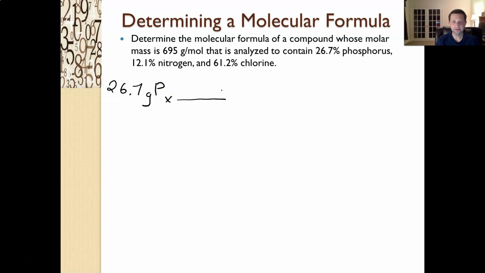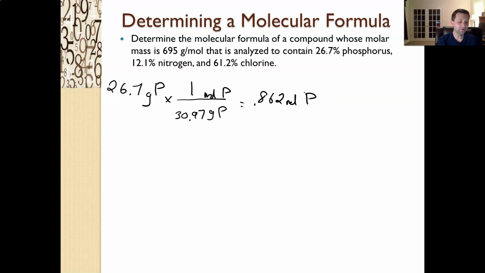Okay, let's convert that into moles. So I'm going to cancel out grams of phosphorus and go to moles. Always work in terms of 1. So 1 mole of phosphorus is 30.97 grams. Go to proper sig figs and you get 0.862 moles of phosphorus.